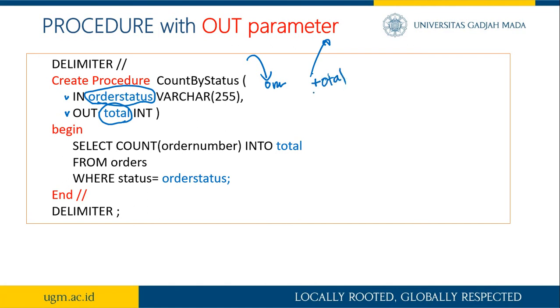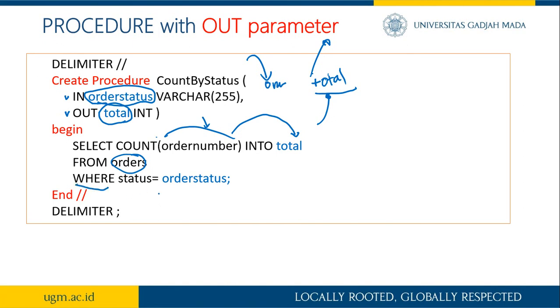I mean within the out parameter, namely total. Okay, so let's begin. In this begin, I select count the order number from orders. I count the order number and save it into total. So this is the out parameter. I save the result from the count order number into total.